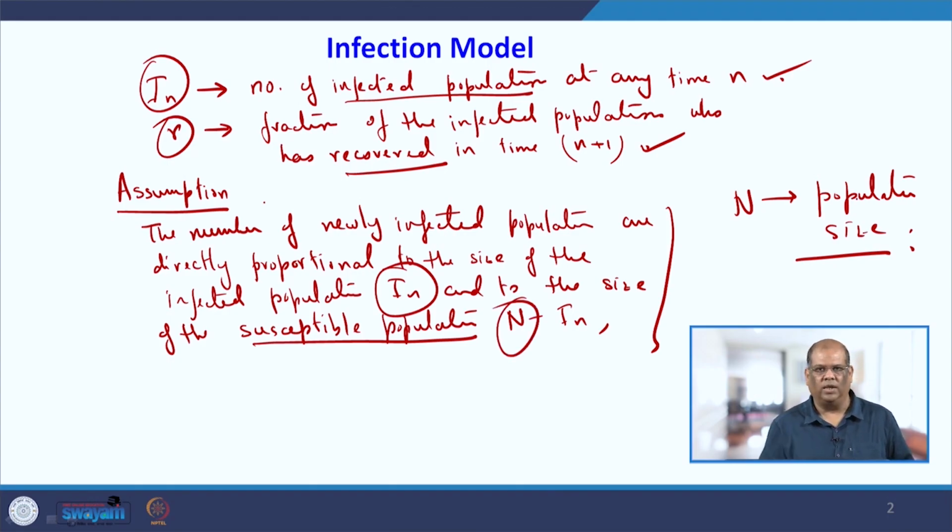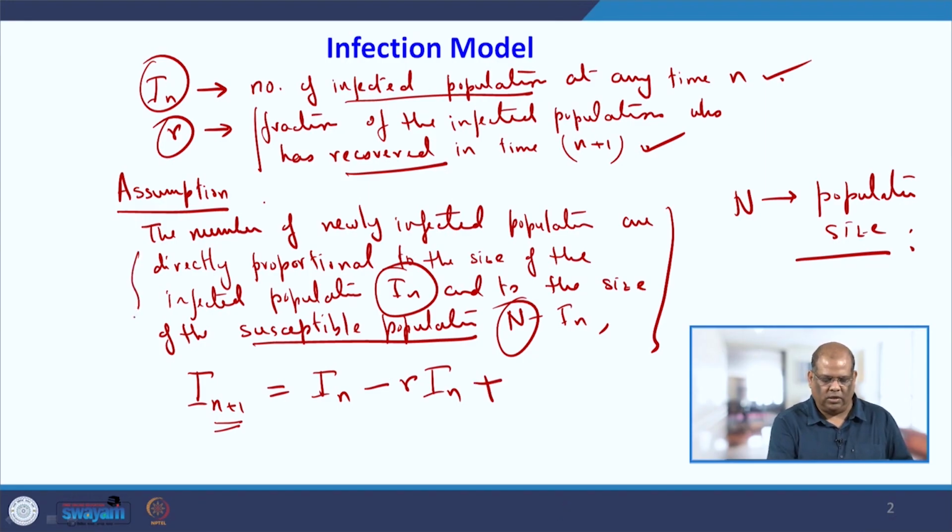If you want to model this in the discrete case, I will write that I_{n+1}, the number of infected population at time n plus 1, is equal to I_n, the infected population at time n, minus R times I_n, that is the fraction that has been recovered in time n plus 1, and then the newly infected population.